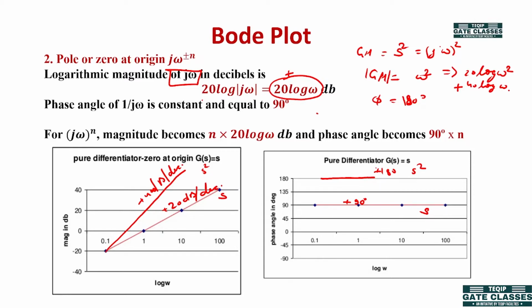Similarly, if we have three zeros at origin, we have a slope of plus 60 dB per decade and a constant angle of plus 270 degrees.